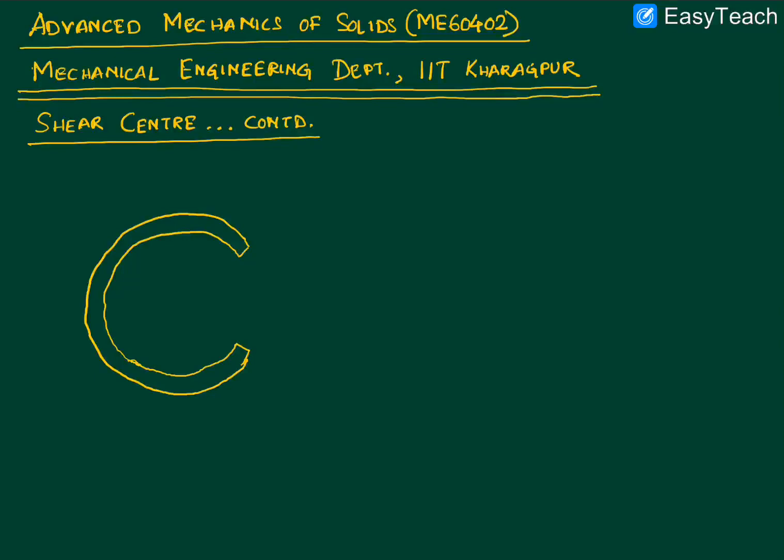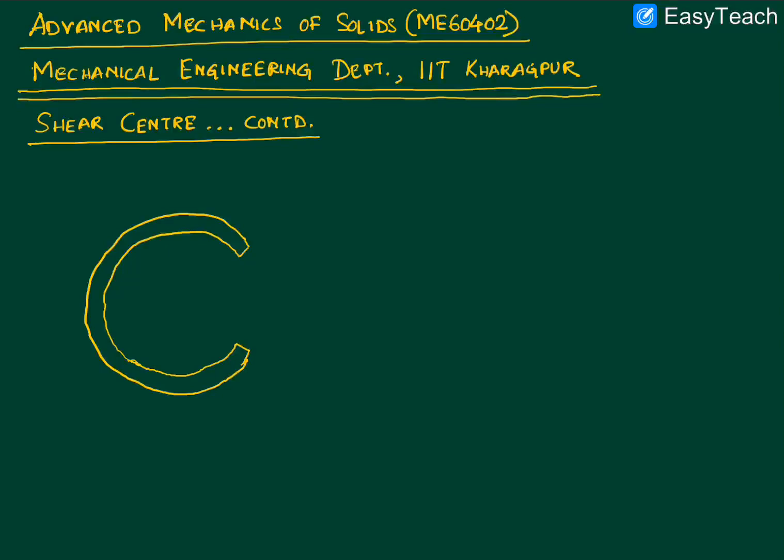Okay, now we know that the location of the shear center is a purely geometric entity, meaning that it is completely independent from the kind of loading that this beam is subjected to.